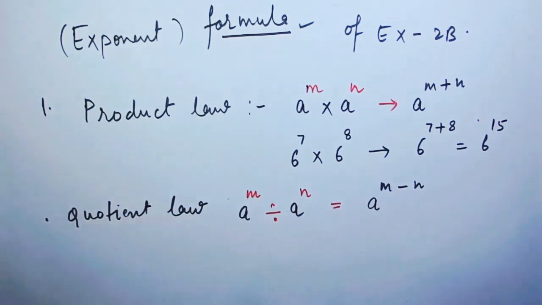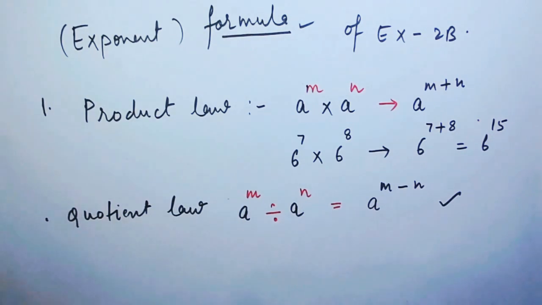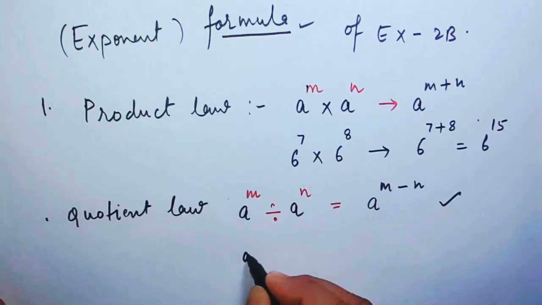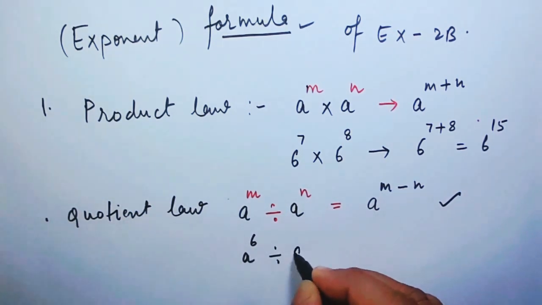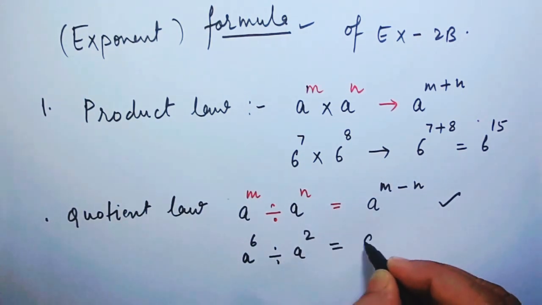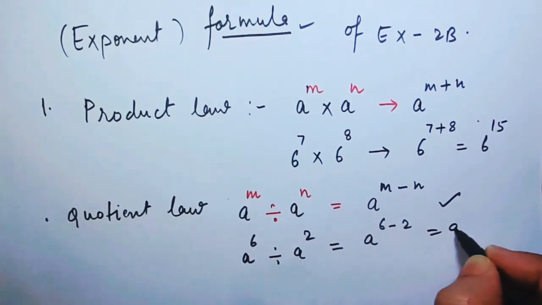If you get a negative value, only stick to this. Do not learn more than required or more than needed. For example, if you get a to the power 6 divided by a to the power 2, you will get a to the power 6 minus 2, which is a to the power 4.